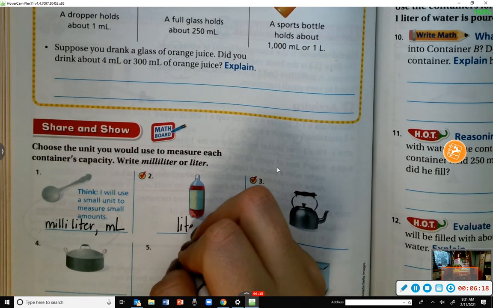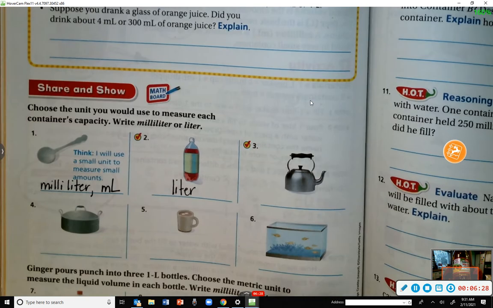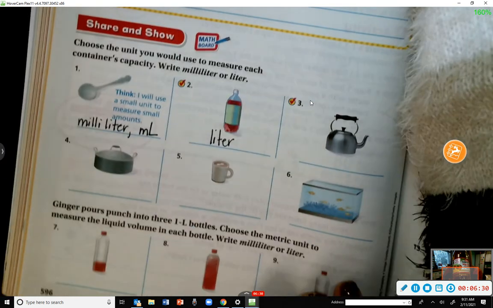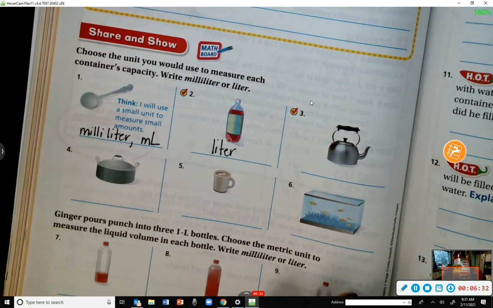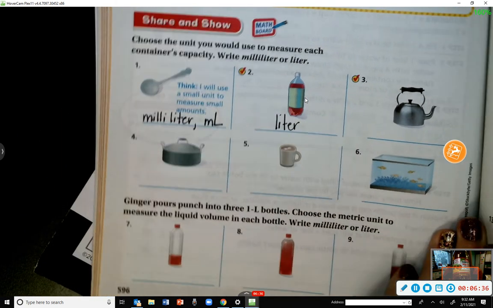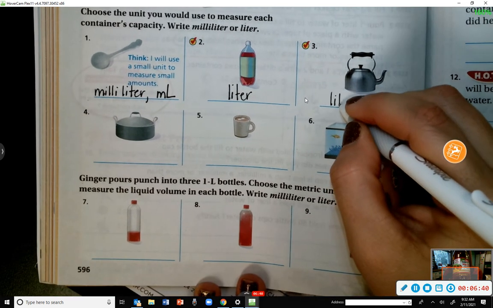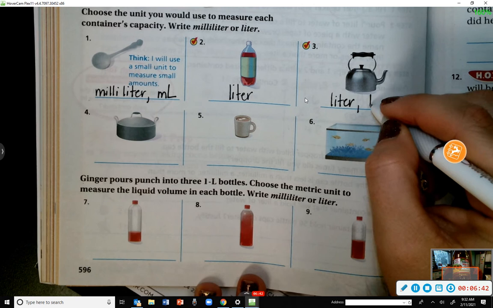So you would use liters to measure that. Okay? A teapot or a tea kettle. Liter, Kaylee says. Y'all agree with her? Yes. Yes, good. Now the abbreviation for liter is a capital L.